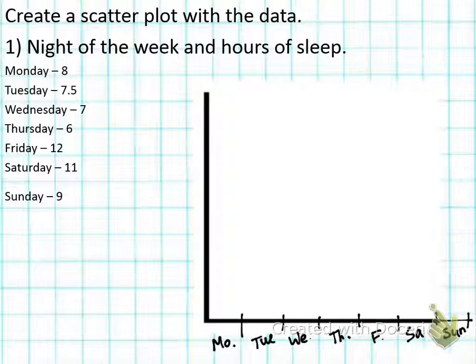And then, oh, by the way, you should label the bottom day of the week. And then on the side, we could label the hours, okay? So it looks like the 12 hours is the highest. So I'm going to go from 0 up to 12, okay?